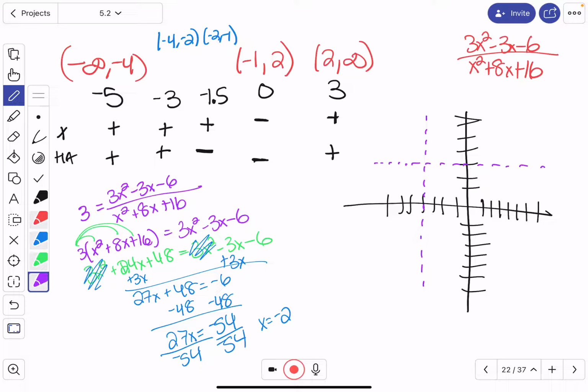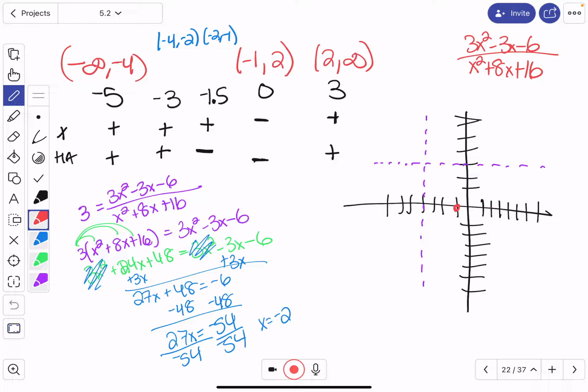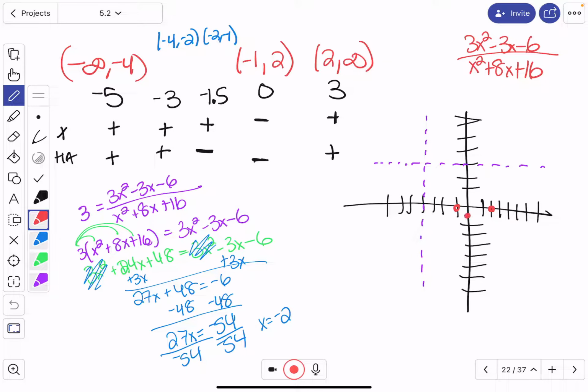So there are our asymptotes. We know that x-intercepts are -1 and 2. We know the y-intercept is -3/8. And we know that we intersect the asymptote at x equals -2. Now we can plot.